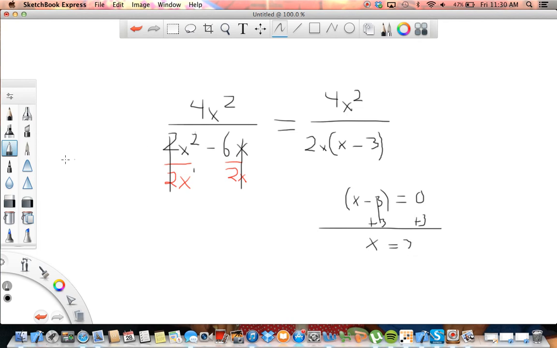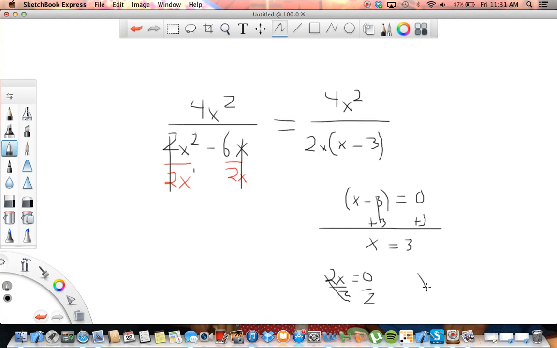Let me do a better 3 than that. There we go, it's a little better. So x equals 3. That's going to be one of our excluded values. The other one, we'll take the numbers outside of the parentheses and set that equal to 0. So do 2x equals 0. Now divide by 2 on both sides, and you're going to cancel out those 2's.